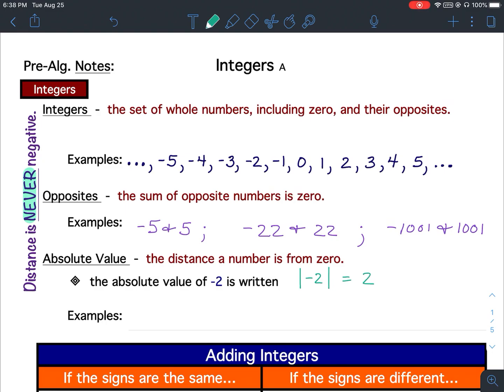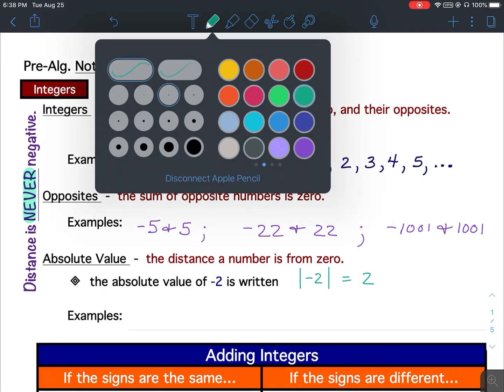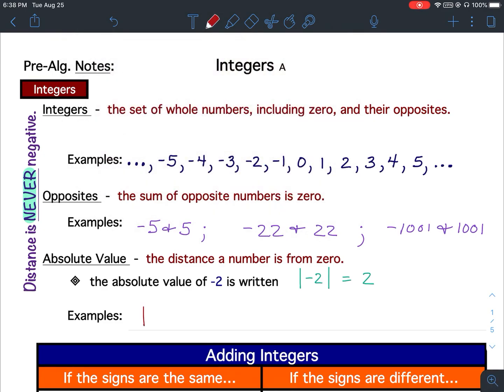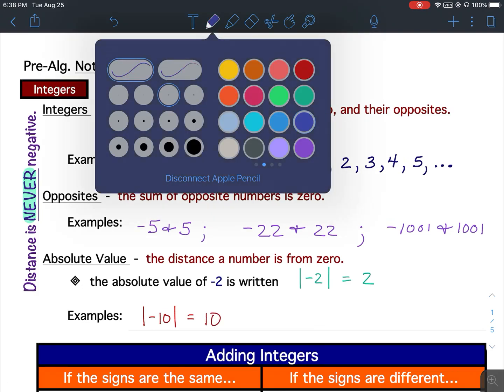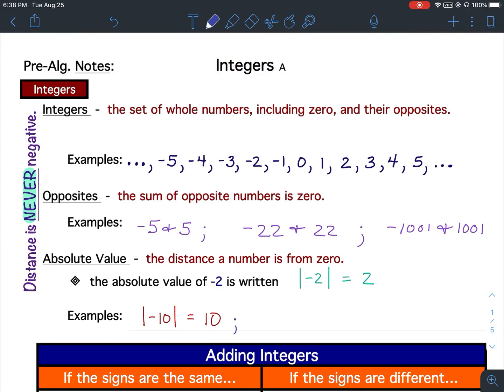All right, a couple other examples. We'll go with the absolute value of -10. How far is -10 from 0? 10 spaces, so the absolute value of -10 is 10. The absolute value of -36. How far is -36 from 0? It's 36 spaces, so the absolute value is 36.